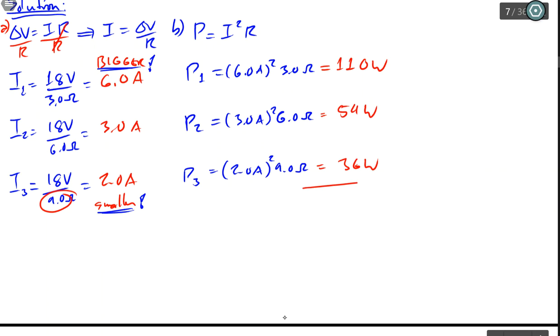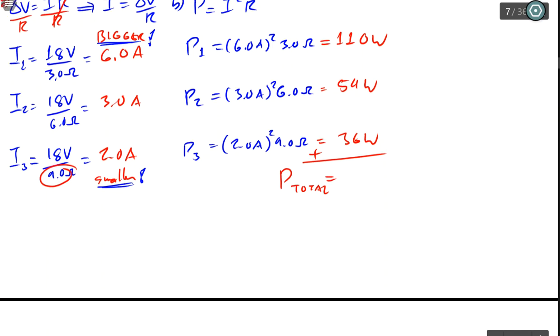But we're also asked to find the total power, and that results in something that's about 200. Oh, it's exactly 200.